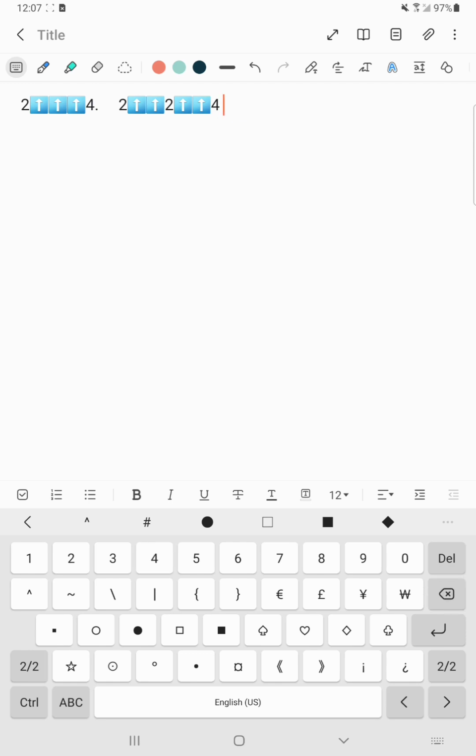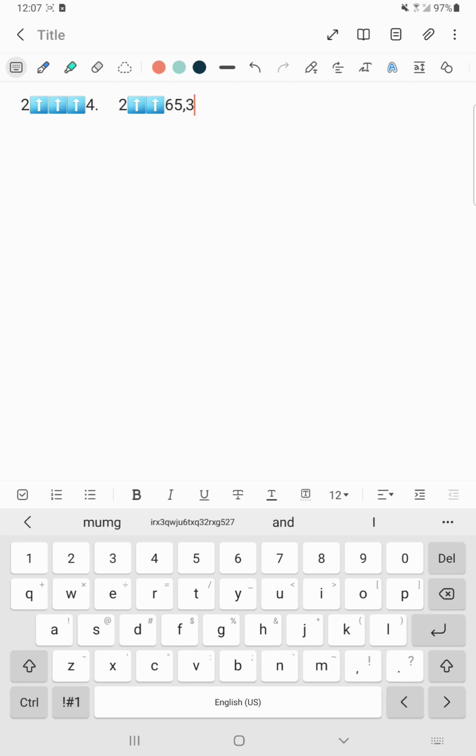And like we said earlier, 2 to the double arrow of 4 is 65,536. I think.